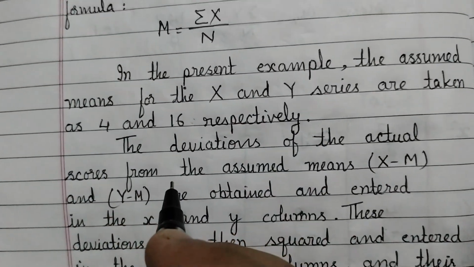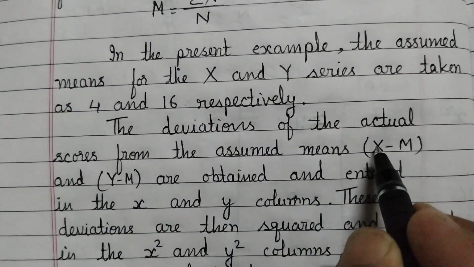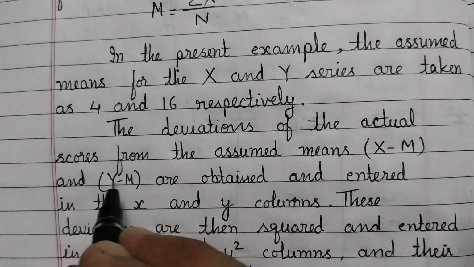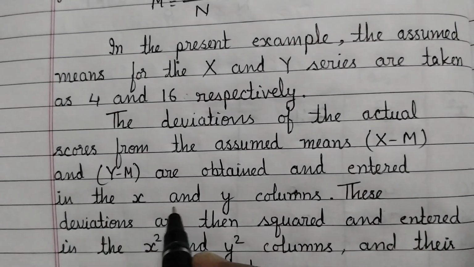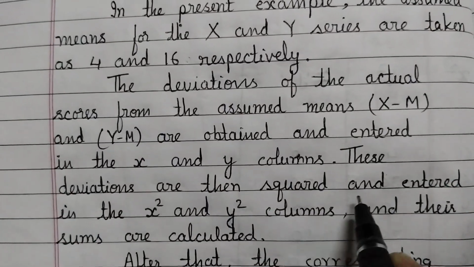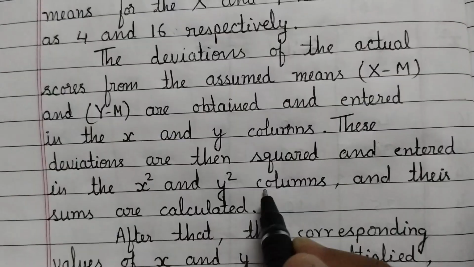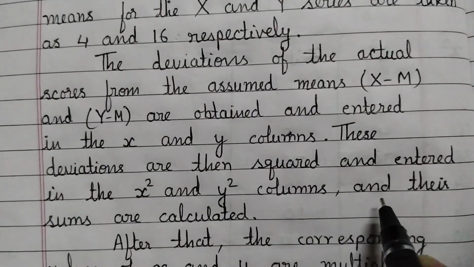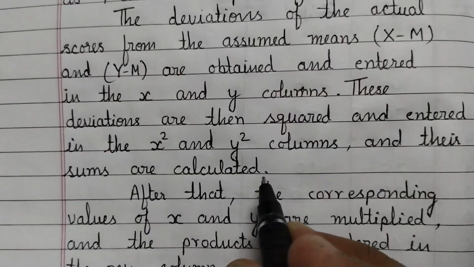The deviations of the actual scores from the assumed mean, that is x minus the assumed mean and y minus the assumed mean, are obtained and entered in the x and y columns. These deviations are then squared and entered in the x square and y square columns respectively and separately, and their sums are calculated.